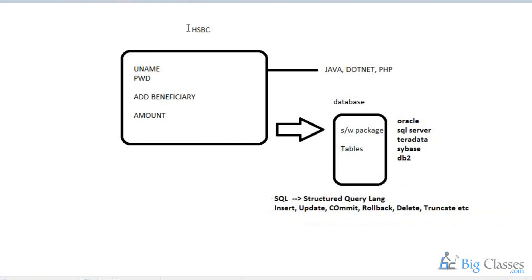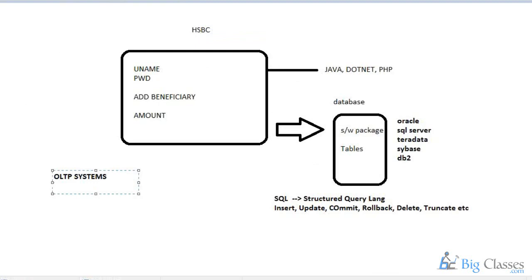So basically, when you talk about this HSBC bank, all the operational transactions of this HSBC bank will be stored within this database. We can perform the transactions by using this system, which is called an OLTP system.